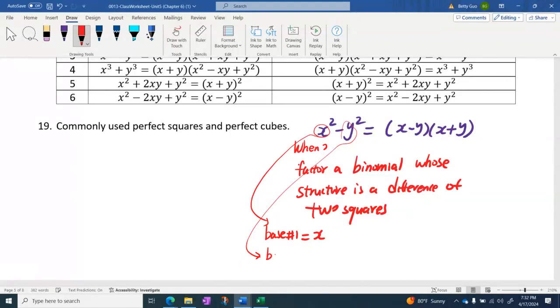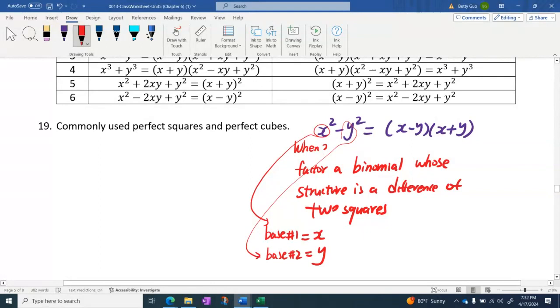The second base is y. The binomial is a difference, so that's why we have a minus sign in the middle. Difference of 2 squares. Square of x minus square of y.